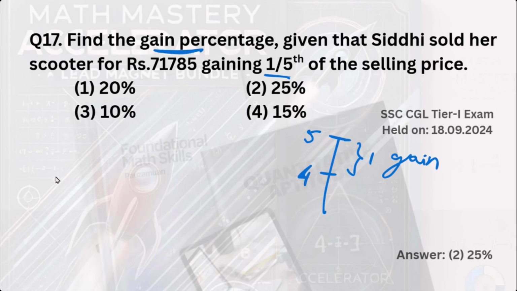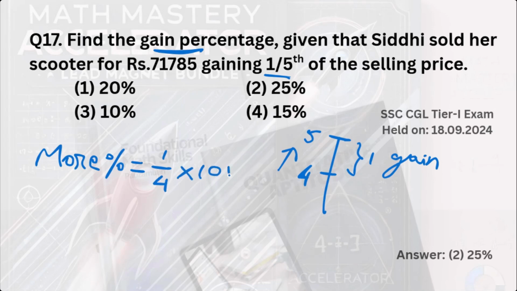Gain percentage, that is more percent. 5 minus 4, 1, divided by the smaller number, into 100. 4 2s are 8, 20, 4 5s are 20. The answer is 25. So 2 is the right answer.